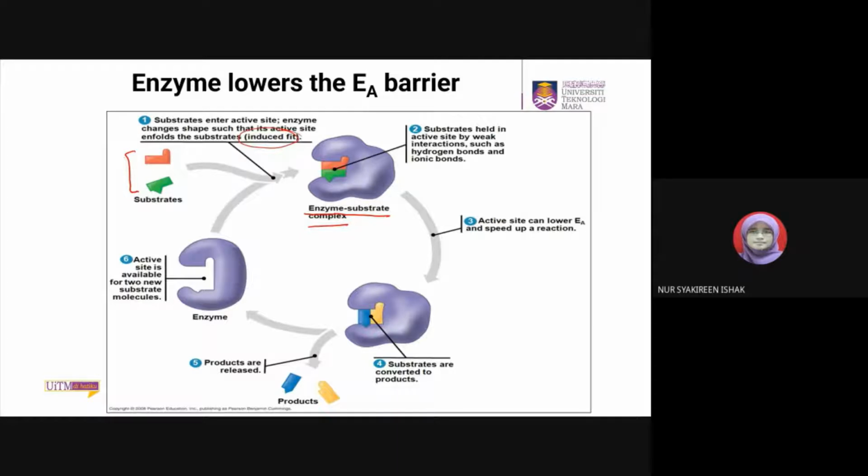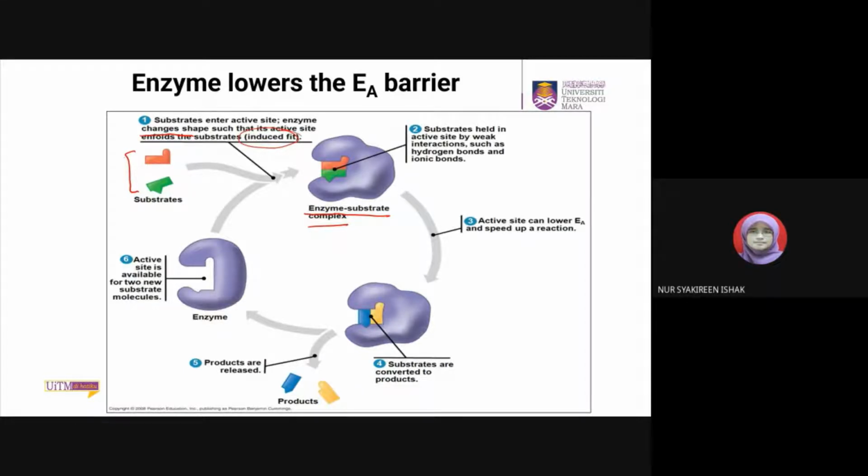There are certain enzymes where the active site is not exactly the same as the shape of the substrate, but as the substrate binds to the active site of the enzyme, it induces the active site to slightly change so that it fits. The active site fits perfectly with the substrate. So the active site needs to change also, but slightly, to make sure the attachment between the substrate and the active site complement each other.